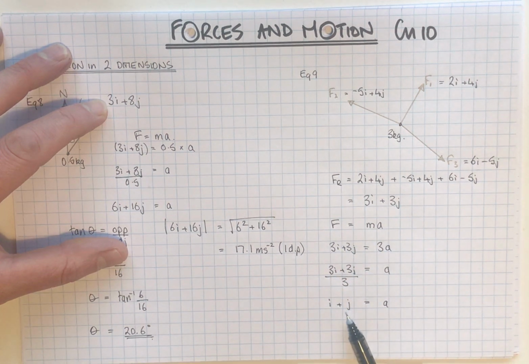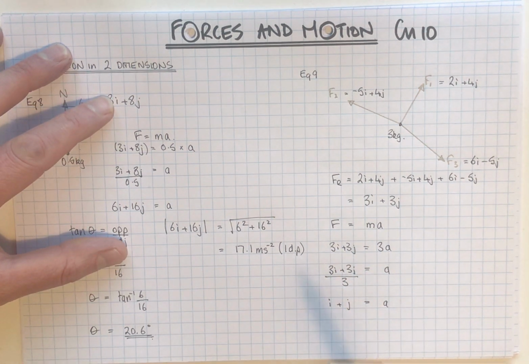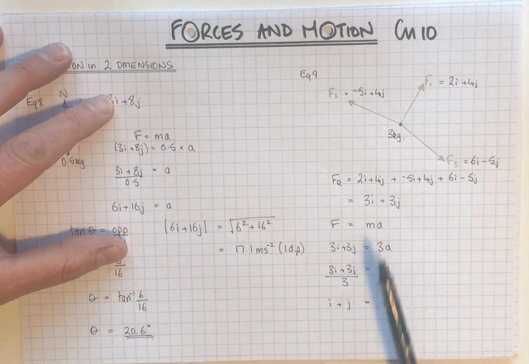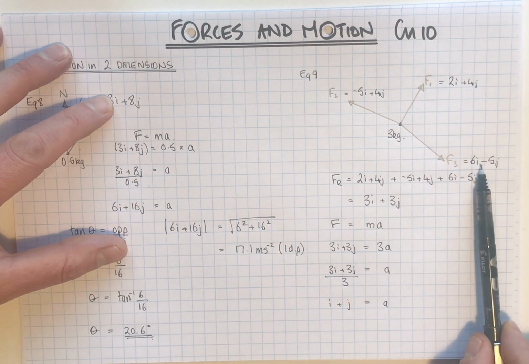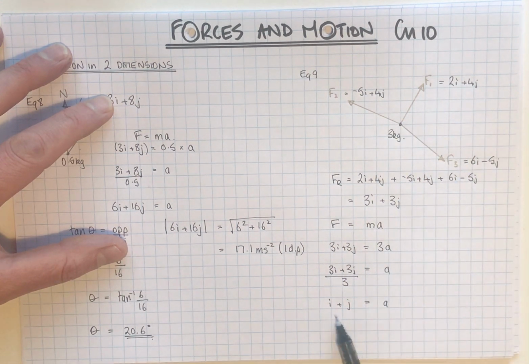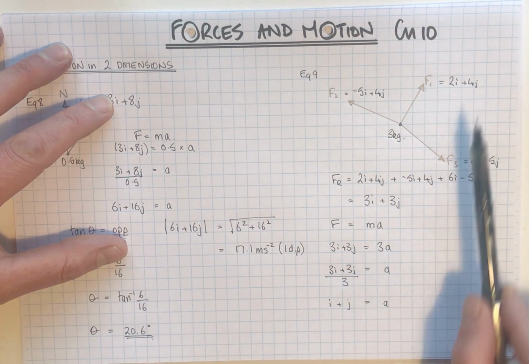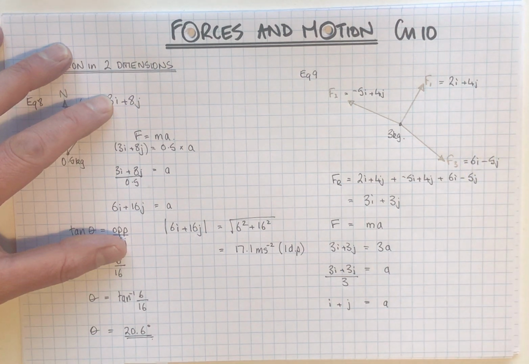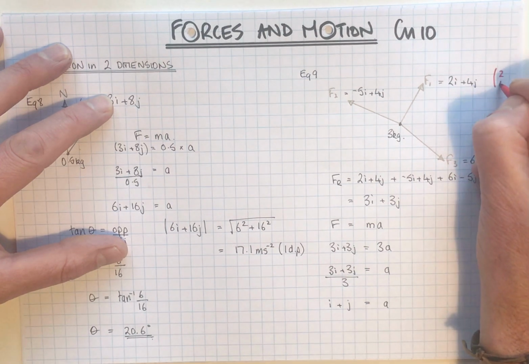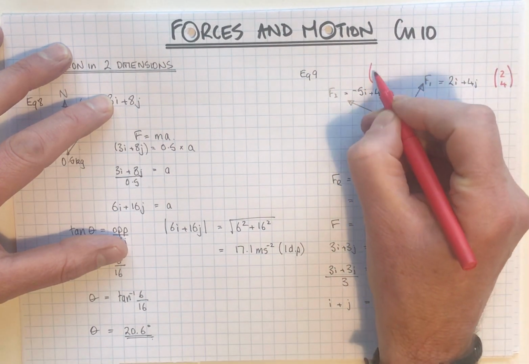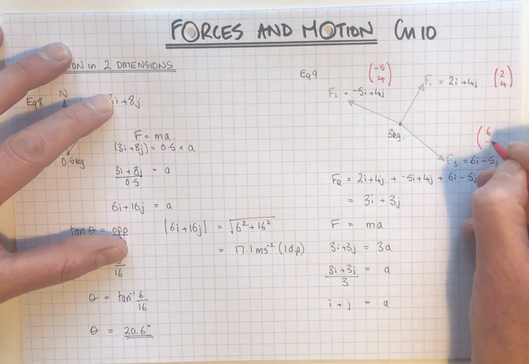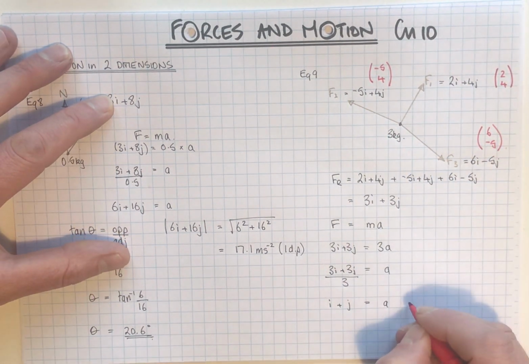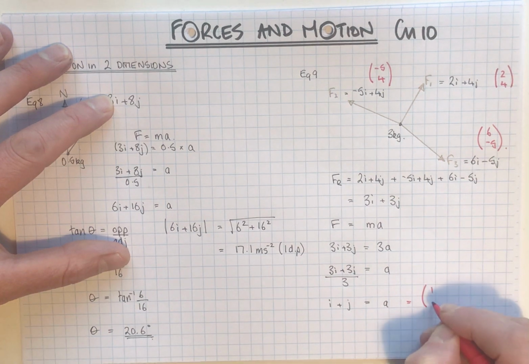If you're not sure what form to show it in, unless the question says otherwise, use the same form as the question. The question had force vectors written in terms of i and j. Write your answer in terms of i and j. If it had it in bracket form, so for example 2, 4 and minus 5, 4 and 6, minus 5, then write your answer in vector form, which would be 1, 1.